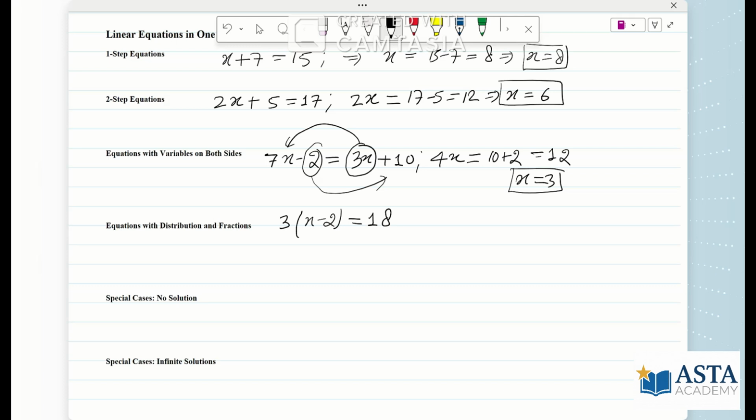So here you need to distribute 3 to both x and 2. The common mistake made by students here is that 3 is distributed to x only and not 2. Okay, we don't want to do that. So you have 3x minus 6 is equal to 18, or 3x is equal to 18 plus 6, which is 24. And that would mean your x is equal to 24 by 3, which is 8. So that is your answer.